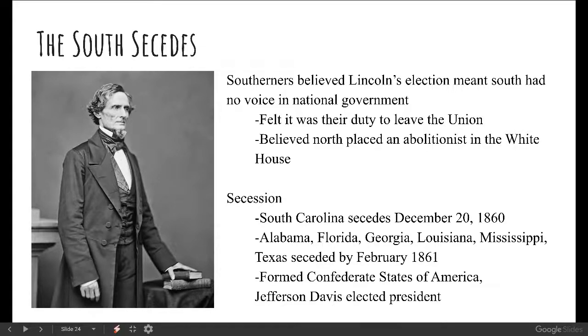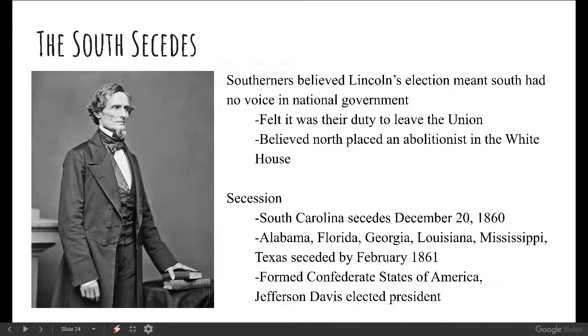That was where our John C. Calhoun was from. The state secedes in December of 1860, the first state to go. And they are followed closely by Alabama, Florida, Georgia, Louisiana, Mississippi, and Texas, all secede by February of 1861.